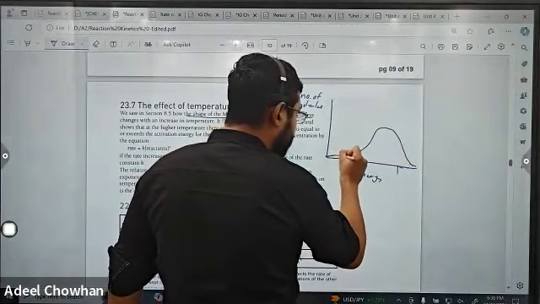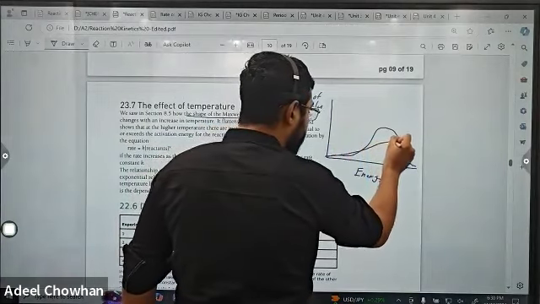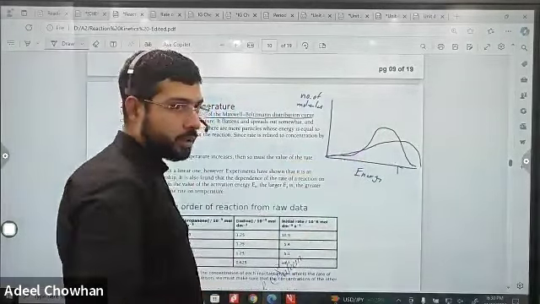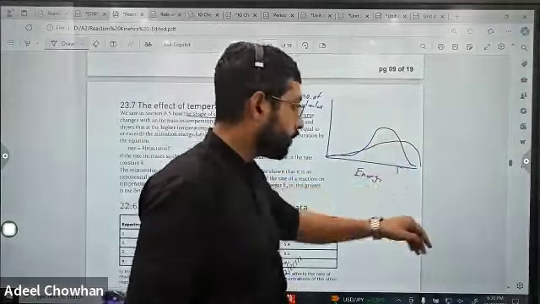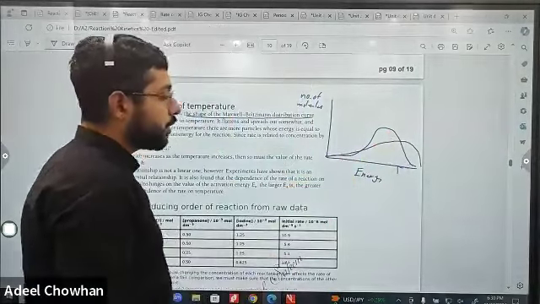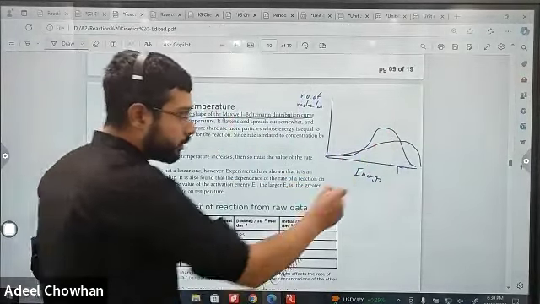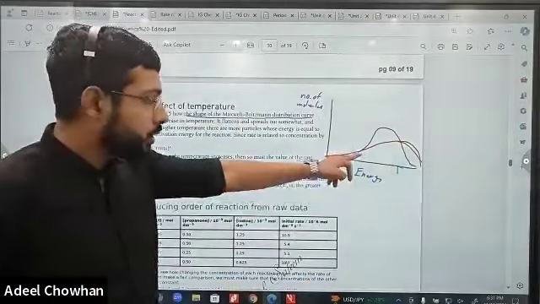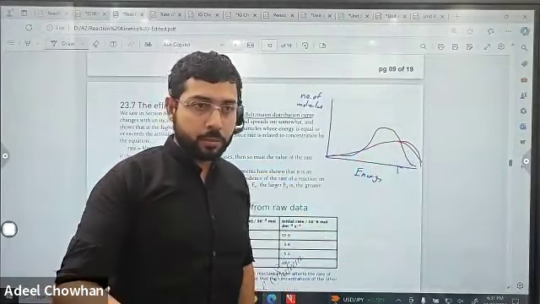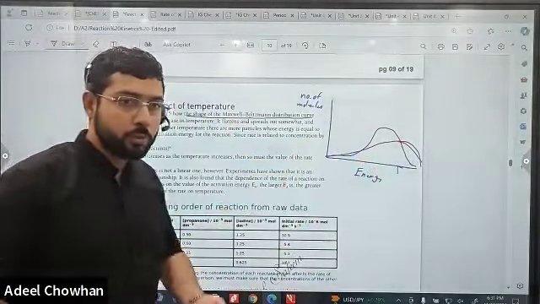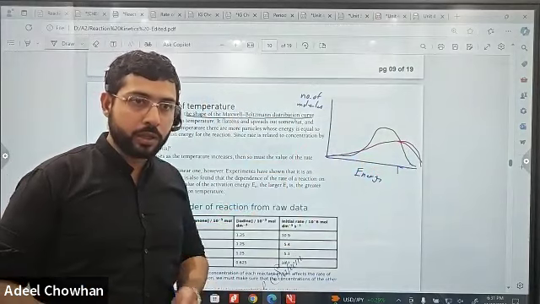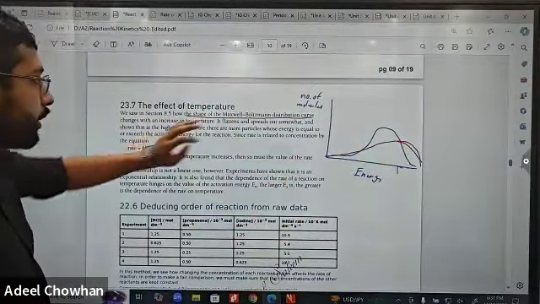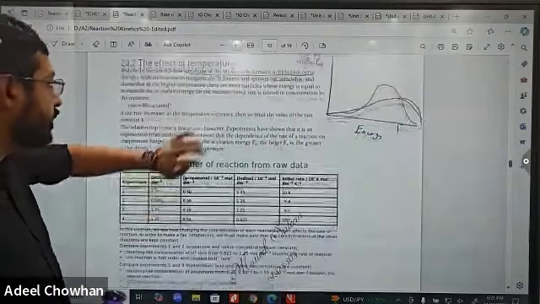The curve should decrease smoothly like this. So this indicated that if we increase the temperature, then we have more molecules which have energy equal to or greater than the activation energy. We did discuss this in AS as well.